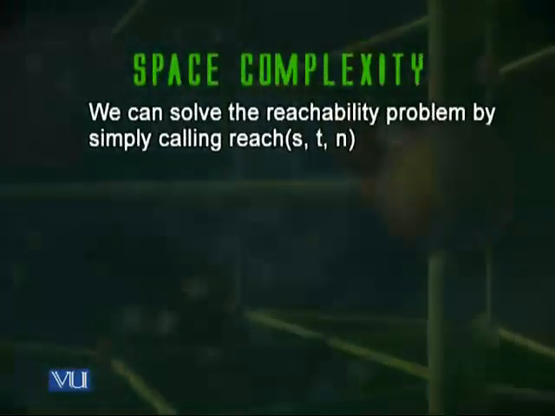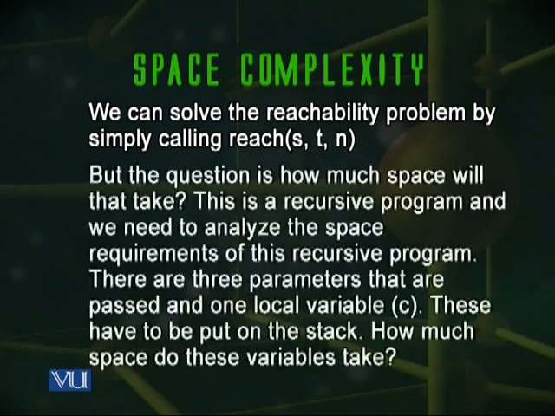But for you, I will just analyze how much space this function takes, and we'll see that this is an extremely space-efficient algorithm. We can solve the reachability problem now by simply calling reach(s, t, n). But the question is, how much space will that take?